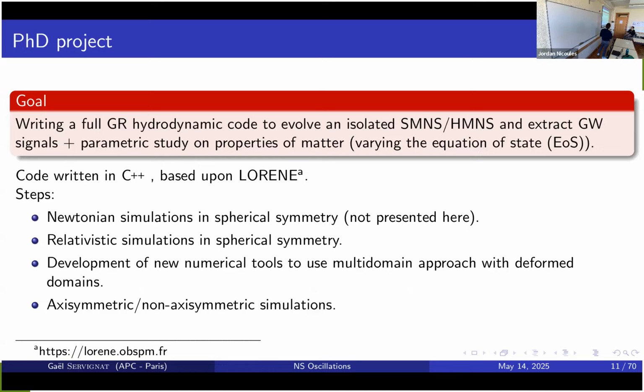And we want to extract these gravitational wave signals and try to do a parametric study, being able to vary these equations. So we want it to be really lightweight. So there are a lot of things we want to do. And one of the tools is written in C++ and based upon Lorene, which is a library developed in Meudon for the past 2 or 3 decades to represent neutron stars numerically.